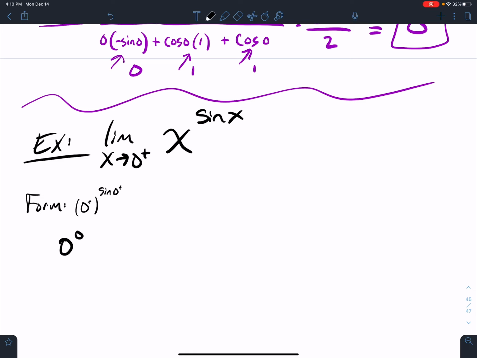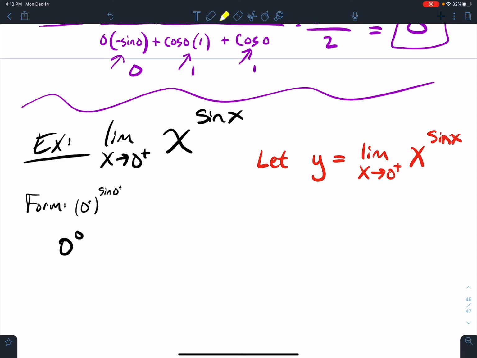So here's how we solve this type of problem. I'm going to let y equal this limit, the limit as x goes to 0 from the right of x raised to the sine of x. So I'll let y equal that.